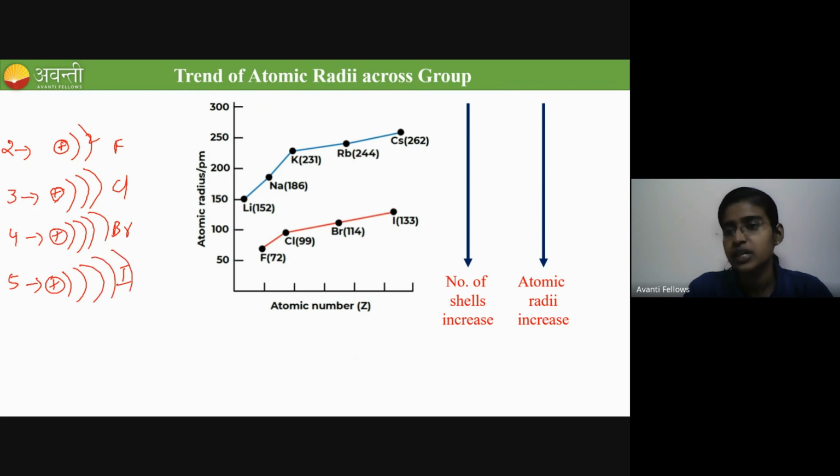So what is happening here? The number of shells is getting increased. So the distance between the outermost electron and the nucleus is increasing. If the distance increases, attraction decreases. So the size increases on moving down the group.